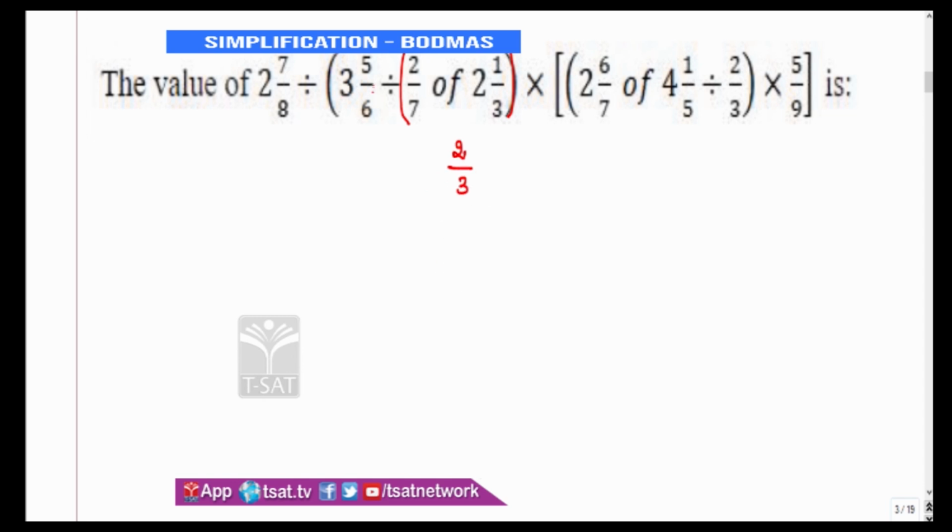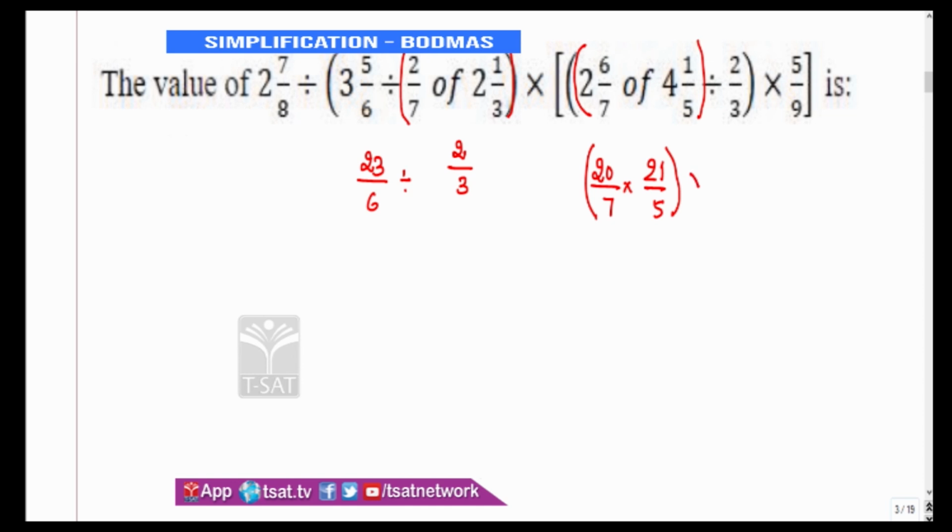So 18, 23, 23 by 6. This is division, so in the next step we will reciprocate this. Then after you have 14, 20, this is 20 by 7 into 21 by 5. So after of only you have to apply the division. First do this, then after apply the division.